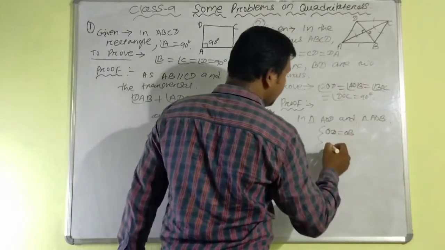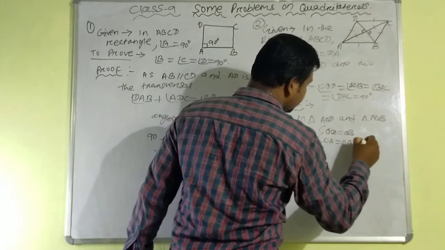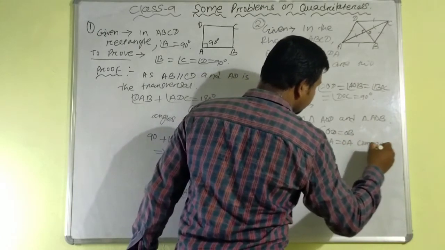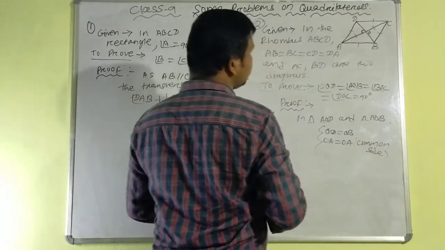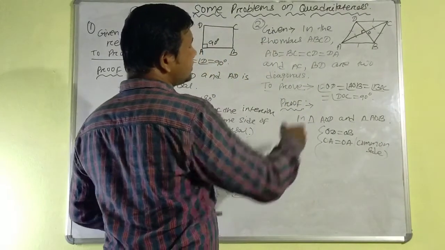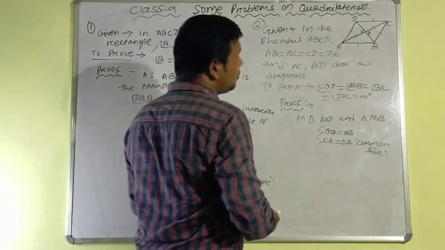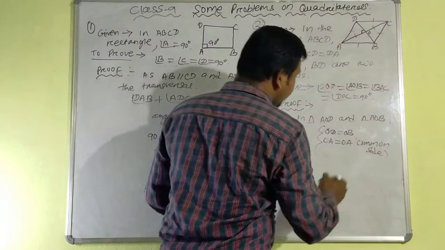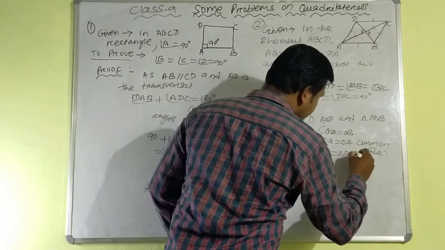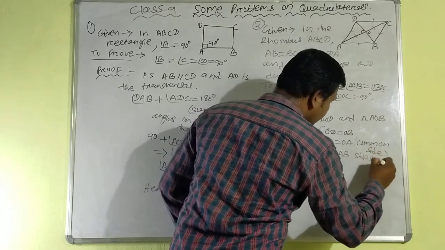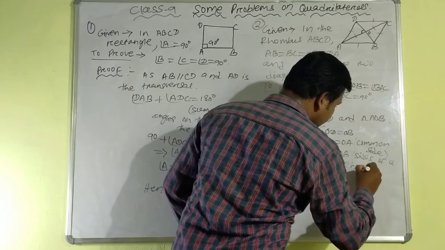Next we will write OA equal to OA, common side. Next we will write, as the sides are equal in a rhombus, AD equal to AB. Sides of a rhombus are equal.